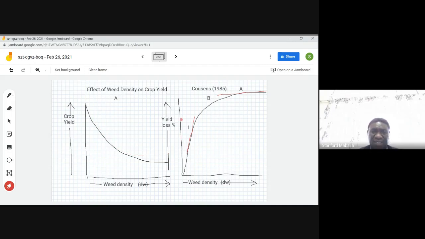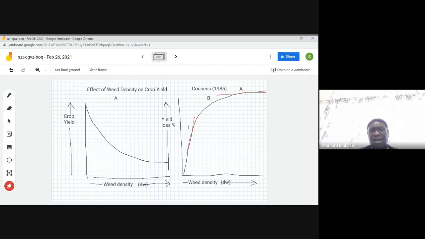When you look at the yield loss on the y-axis and density on the x-axis, you get this curve, which has two special points: A, which is maximum yield loss, and I, which is the slope.